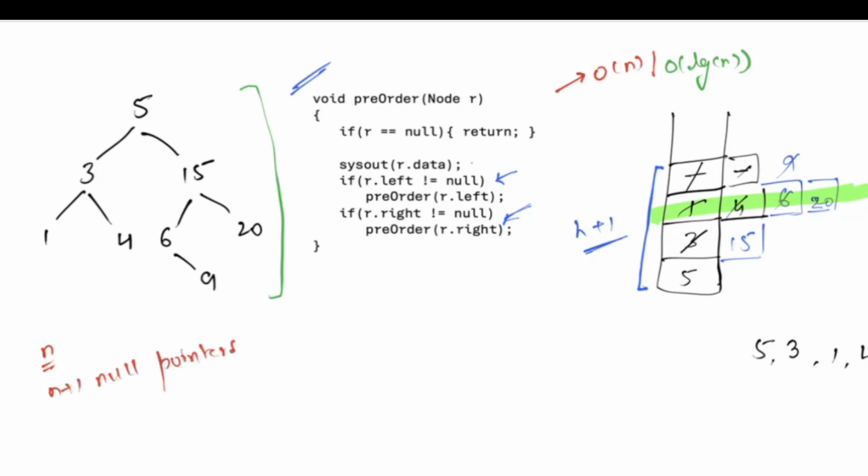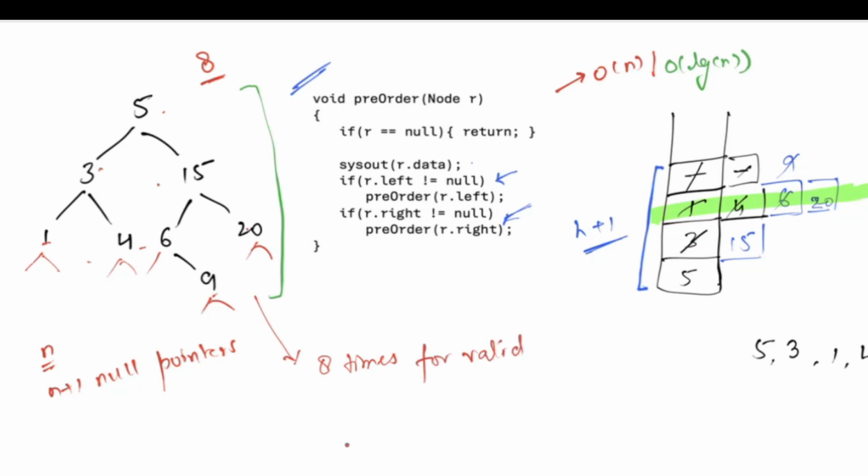Here we have 8 nodes and there will be 9 null pointers: left and right of 1, left and right of 4, right of 6, left and right of 9, left and right of 20. So how many times are we calling the pre-order traversal? Pre-order traversal will be called 8 times for valid nodes, right?